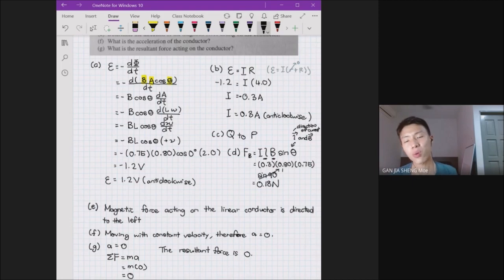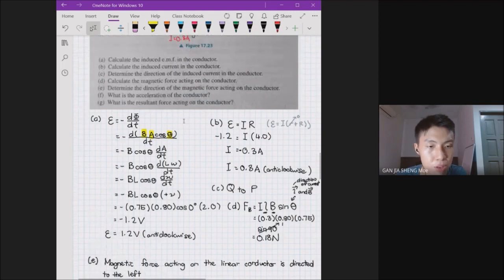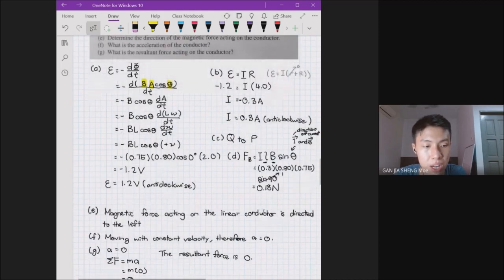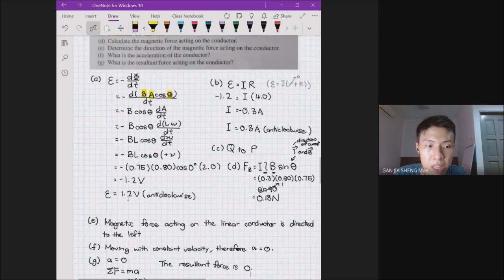Even though it's a long question, eventually it all comes out because you're able to calculate A and B properly. If you calculate A and B properly, the others are just relating back to chapter 4 and using your understanding of constant velocity: if constant velocity, acceleration is 0, then net force will be equal to 0. But the main thing is you have to determine the sign correctly first.